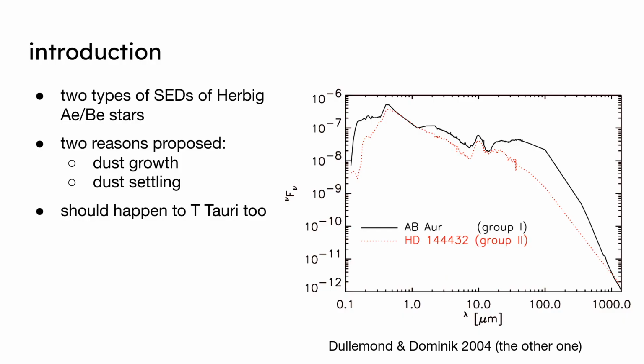And with T Tauris, I mean, there must have been some SEDs, but I suppose that they're mostly from group 1, which are more luminous, and therefore there was some kind of observational bias. And it was mostly interesting to predict if dust settling is going on in T Tauris, how the SEDs would look.